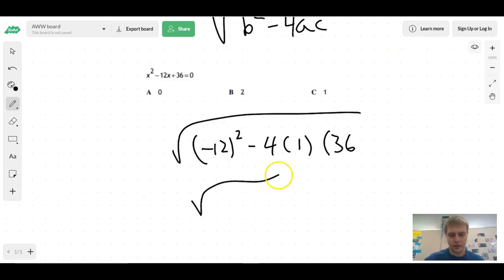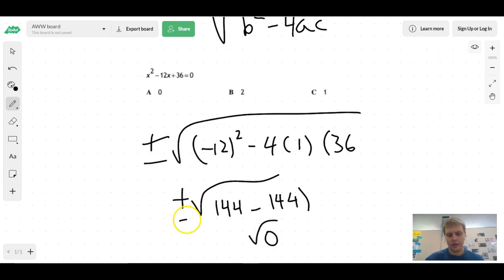When we do this, we'd get 144 minus 144. So that would be 0 underneath the square root. And we know that plus or minus 0 would give us 1 answer, because positive 0 and negative 0 are the same thing.